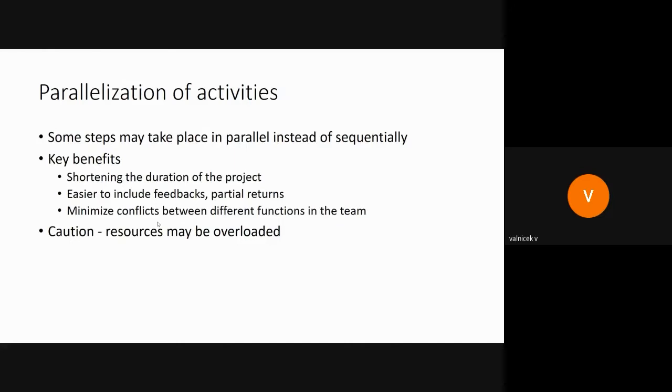But the problem is that in a parallel manner, the resources, mostly the workers, may be overloaded. So you need to make sure that your employees are not overloaded if you are planning the activities in a parallel manner.